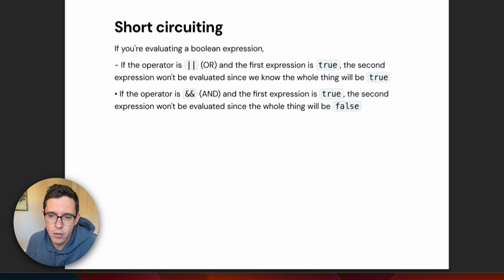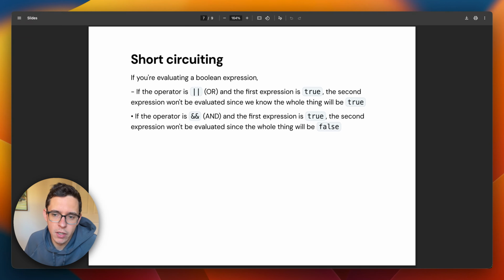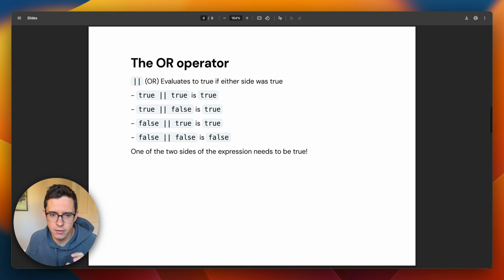Okay, so short circuiting is a vocab word. I'm not going to read the slide verbatim, but think about it. If you've got an AND operator and you're evaluating both sides, and the first side that you evaluate is false, boom, the whole thing's already false, right?